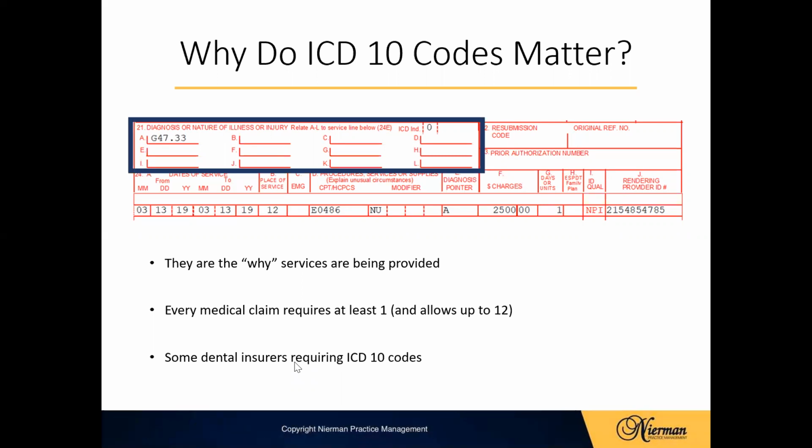Every medical claim requires at least one of these, and that's the big main reason they're important, but it does allow up to 12. And another thing you may run into, or you may have already, is some dental insurers actually are requiring ICD-10 codes on your ADA claims. So all wonderful reasons to pay attention to your diagnosis codes.